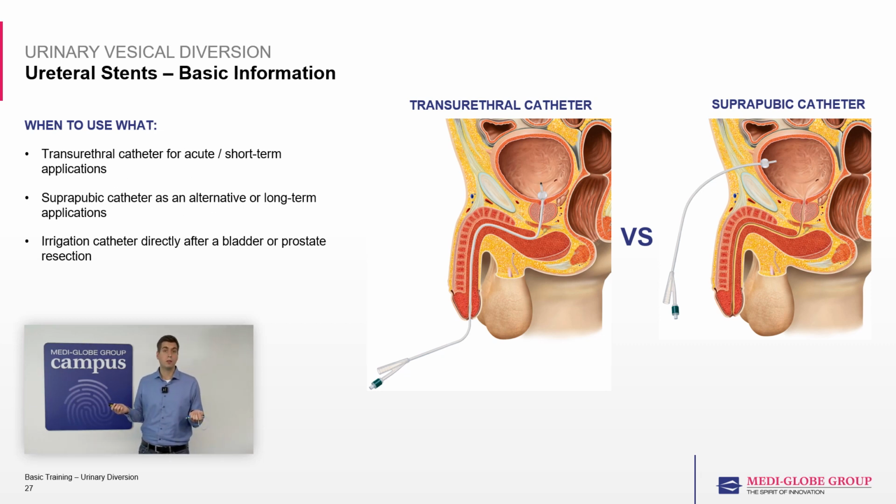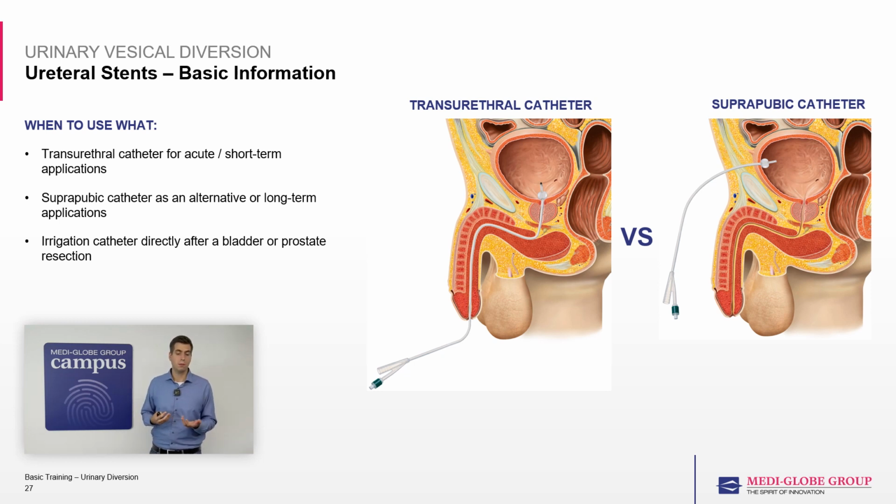When to use what? Normally, when there is a retention, a blockage of the urine flow causing some problems, the doctors will have the tendency to try the normal transurethral catheter first because it's very less invasive, or basically non-invasive. You use the normal way from the outside to the inside of the bladder.